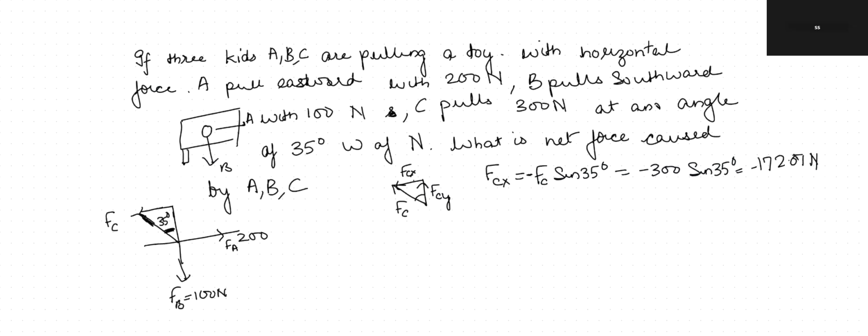Okay. And when we decompose the vertical component of the C, which is this FCY, this is up, so it will be positive, and it will be FC cos 35 degree. So this will be 300 cos 35 degree. So this will be 245.7.